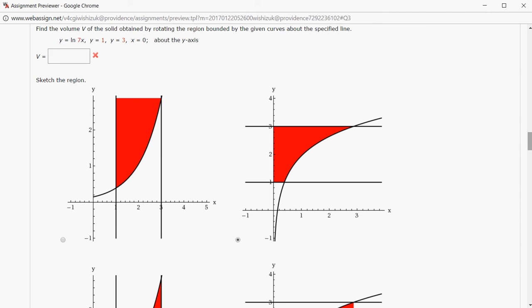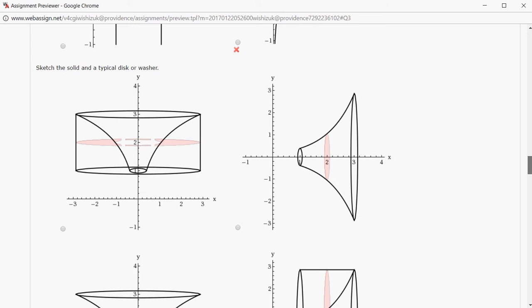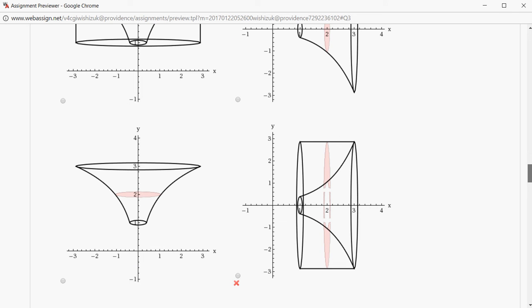Then we want to rotate about the y-axis. So if you go down, this one right here is going to be the picture. Then what we want to do is use this picture.